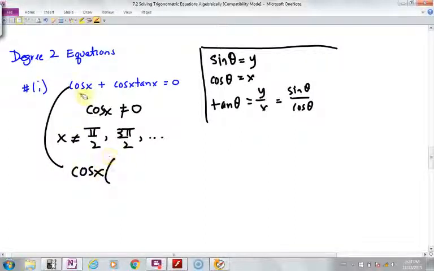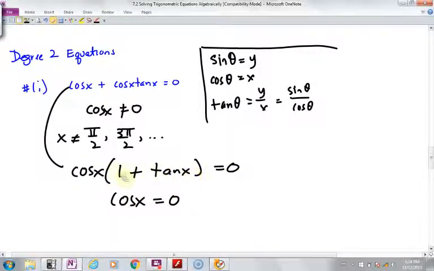When I factor out the cos, I'm going to have 1 plus tan x. Okay? And why that works is because now that it's in factored form, if I have 2 or more factors that multiply to give me 0, then either this factor has to equal 0 or this factor has to equal 0, which looks like that.